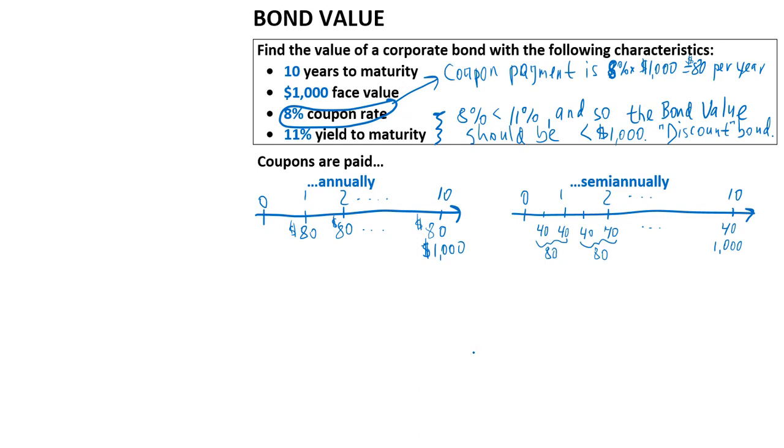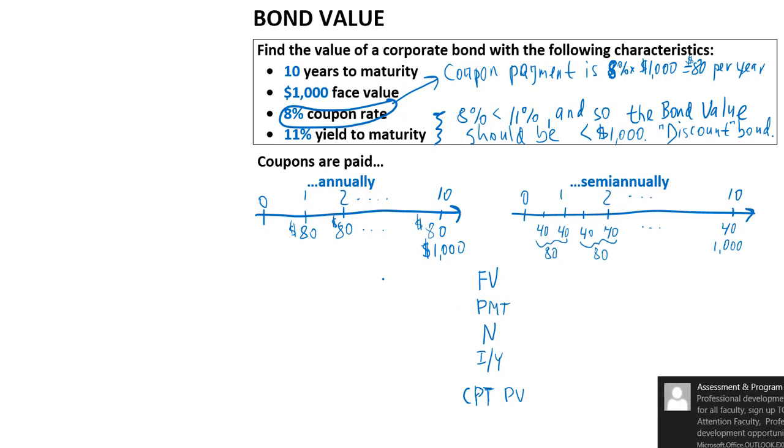So to find the bond value, we need to enter the future value, the payment amount, the number of payments, and the interest rate. That will allow us to compute the bond value, compute PV. So we enter these four things, whether we work with annual coupons or semi-annual coupons. How do we enter the numbers correctly?